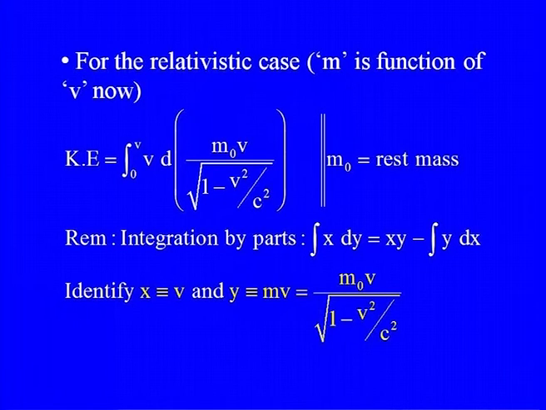Now, what we do is identify x as the velocity here, and for y we take m times v, that is the momentum. So, m times v is nothing but m0 v divided by root over of 1 minus v square by c square. So, let us just do this integration and get the result.